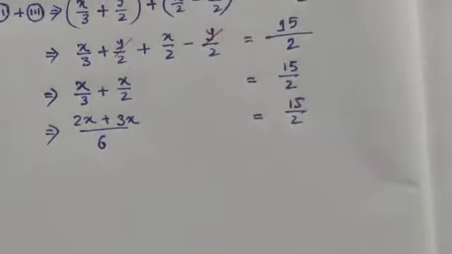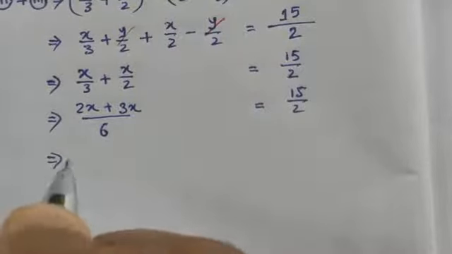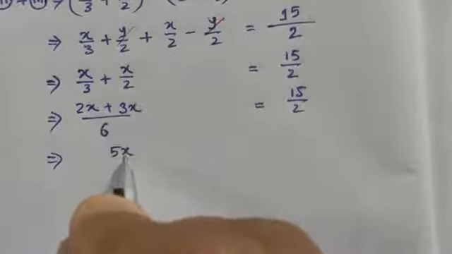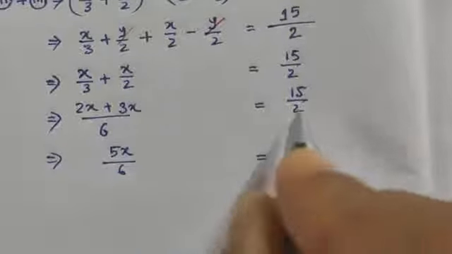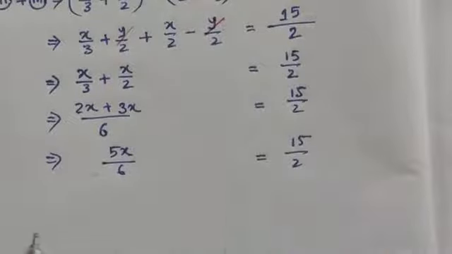All of you know how to solve this. If you add it, then it will be 5 times x by 6, equal to 15 by 2.